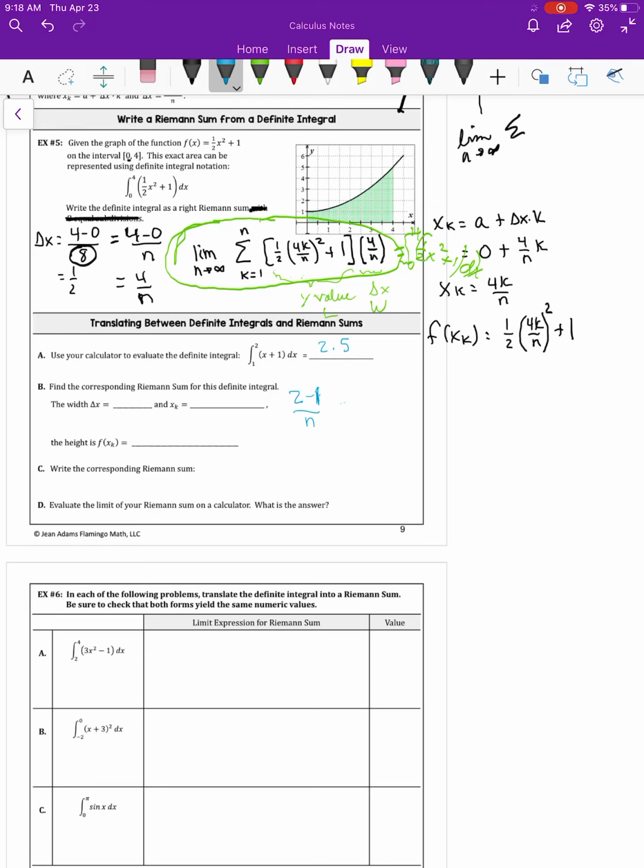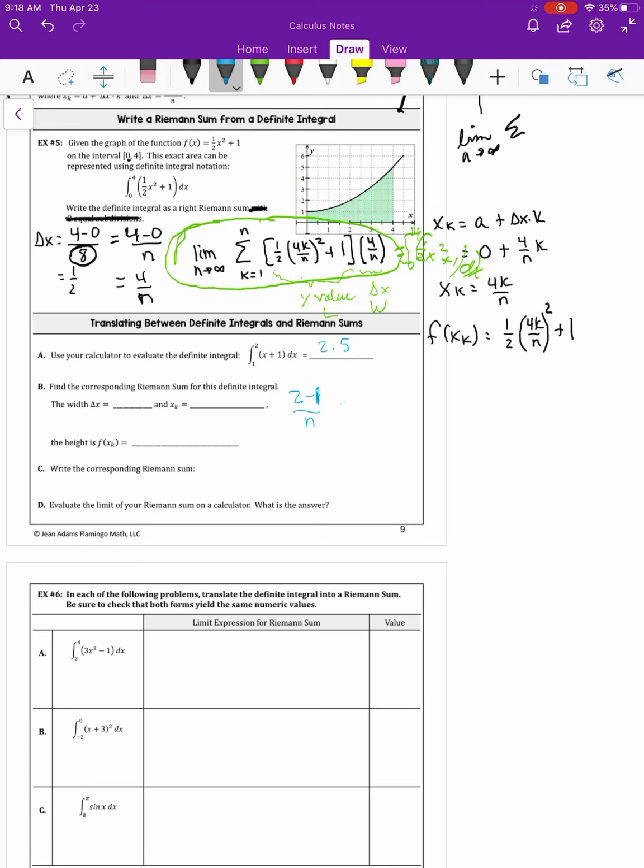Okay, and so now find the corresponding Riemann sum for this definite integral. The width, delta x, would be b minus a over n.